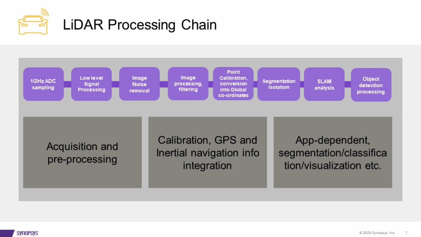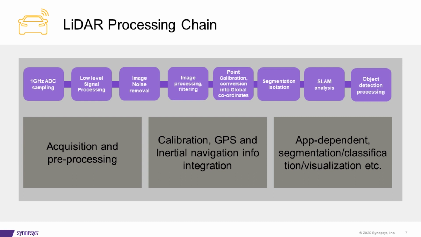Digging a little bit deeper into LiDAR specifically, you can see that from the time that the signal is sampled, the original signal coming from whatever object out in the road is being directed toward the vehicle, to the low-level processing, the noise removal from that image, then filtering that image, and then adding or addressing the physical location using GPS or GNSS, and then the isolation, the localization and mapping, and then ultimately the object processing, determining what exactly that object is.